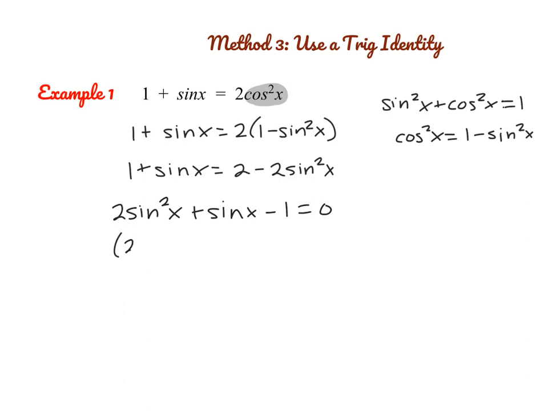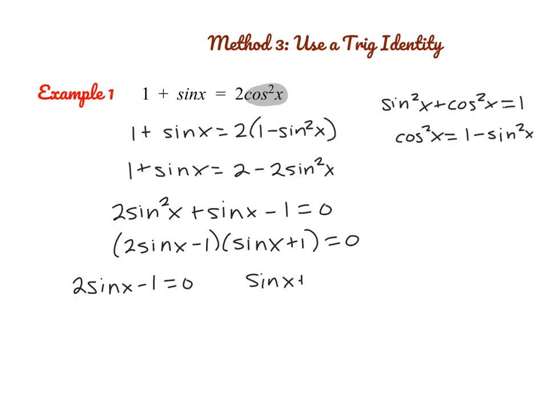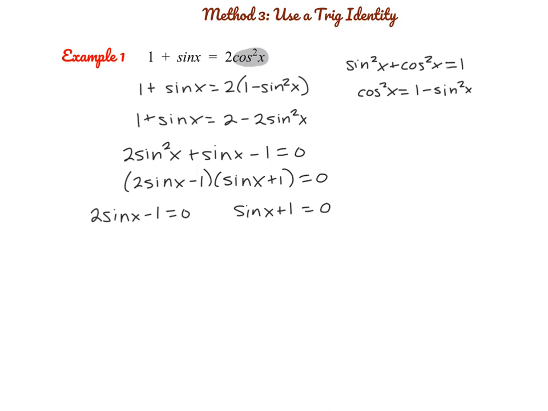So here we get 2 sine of x minus 1 times the sine of x plus 1 equals 0. And now here we can use the zero product property. So the sine of x equals 1/2, and the sine of x equals negative 1.